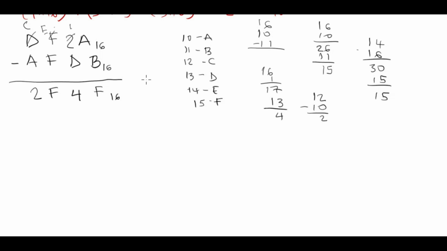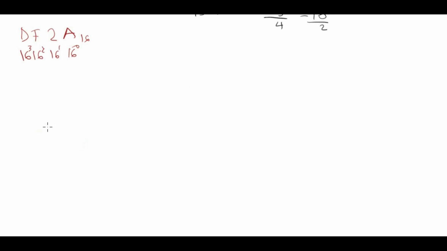So let's convert it to decimal to see if you are correct. We'll start with DF2A. This is base 16. So 16 power 0, 16 power 1, 16 power 2, 16 power 3. To see if you are correct.